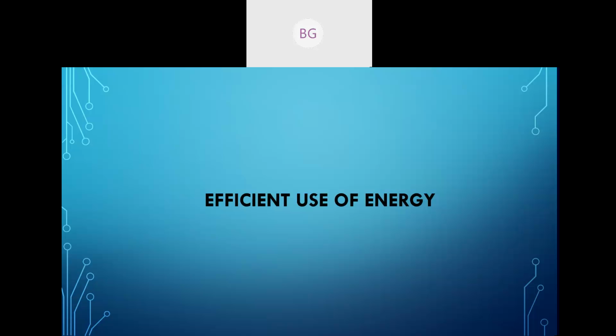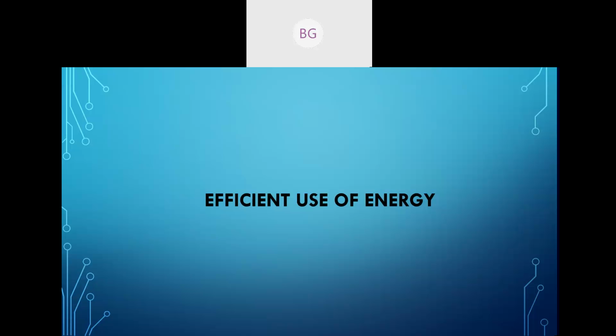Secondly, we have different types of bulbs, right? Nowadays, we have LED bulbs, then we have tube lights, then we have CFL bulbs. Now, the normal 100-watt bulbs use a lot of energy, but the brightness they give is less.